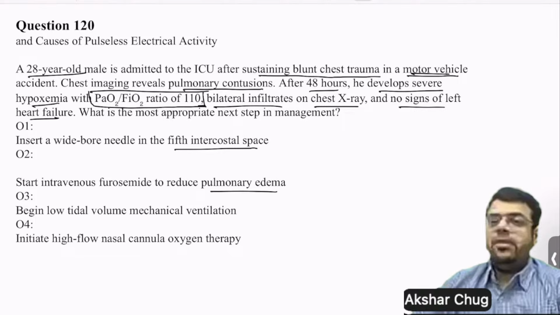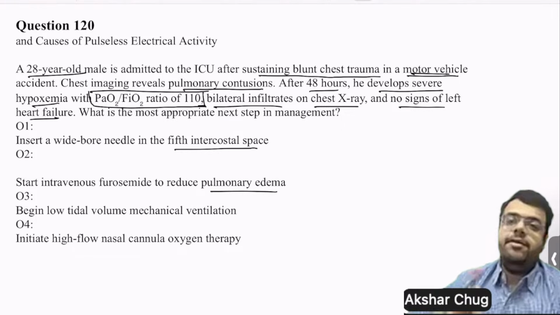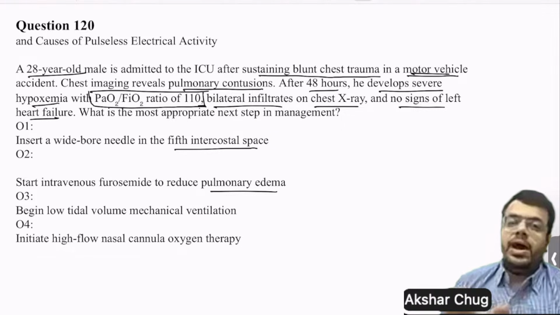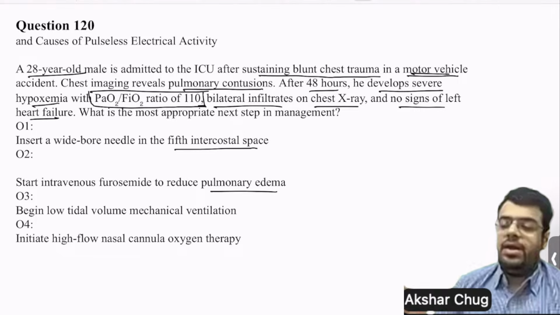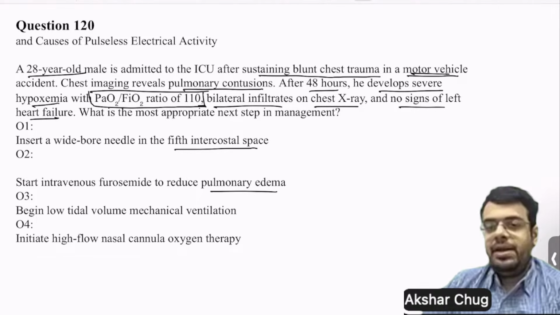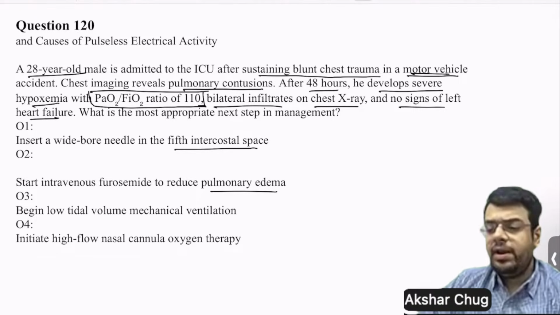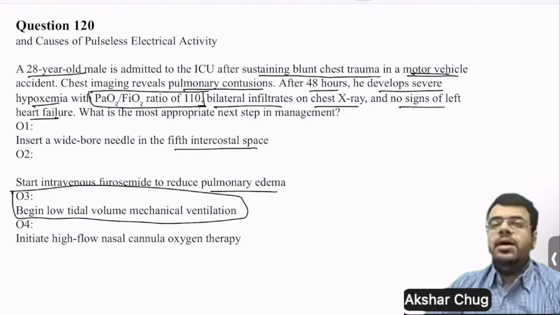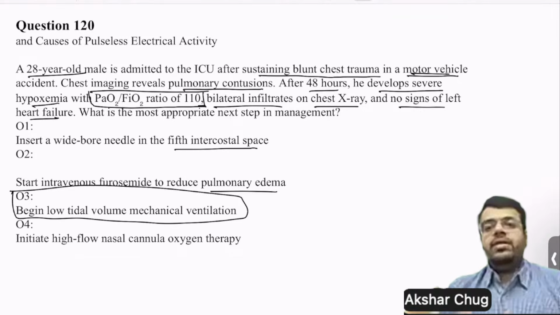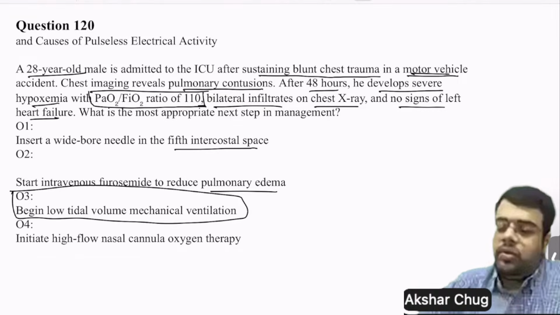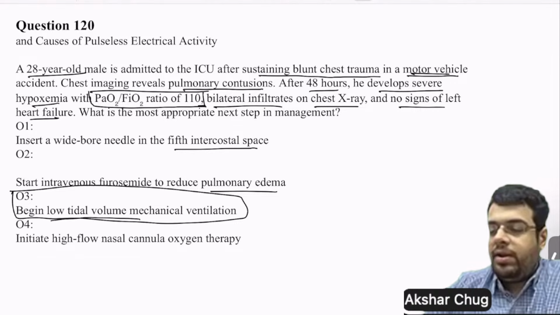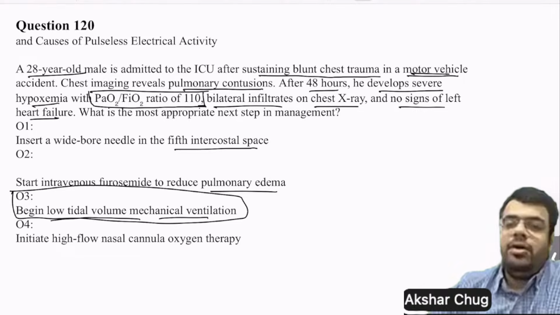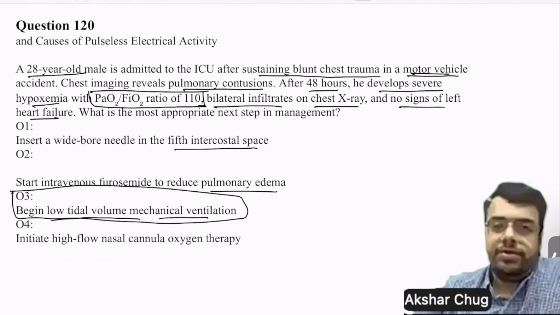If we suspect a patient of heart failure, and if the pulmonary edema is due to heart failure, it will show batwing appearance, and in that, furosemide might be effective. Begin low tidal volume mechanical ventilation. This is absolutely the correct option. Initiate high flow nasal cannula oxygen therapy. There will be no point in giving oxygen as the lungs are filled with fluid. It's always better to begin low tidal volume mechanical ventilation, followed by increasing the oxygen.